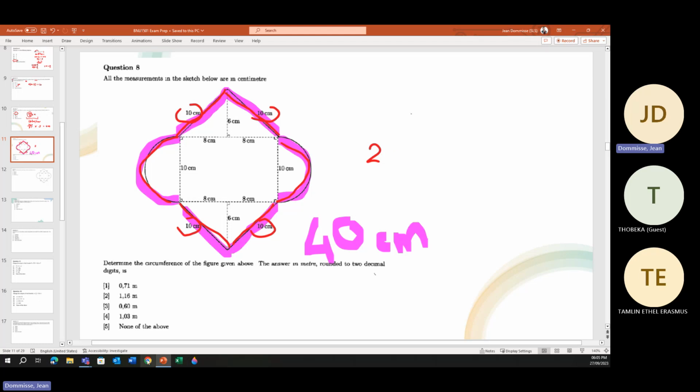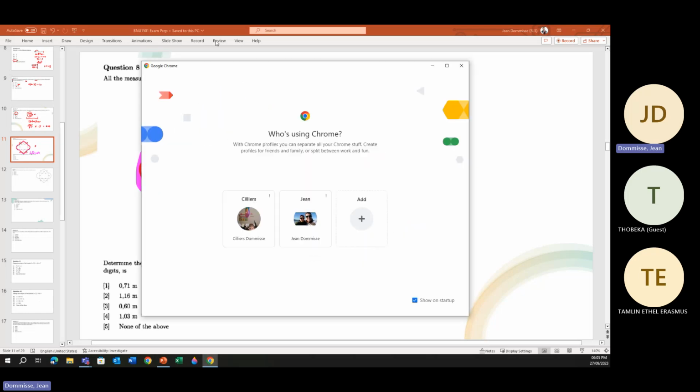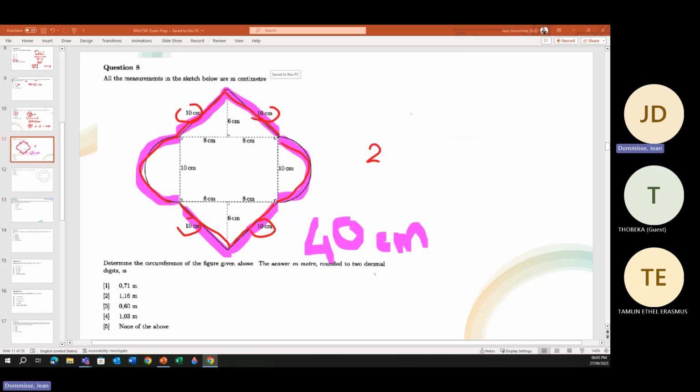Okay, so now I need to remember what is, I'm actually going to Google this now. What is the circumference of a circle? I know it is in the study guide.